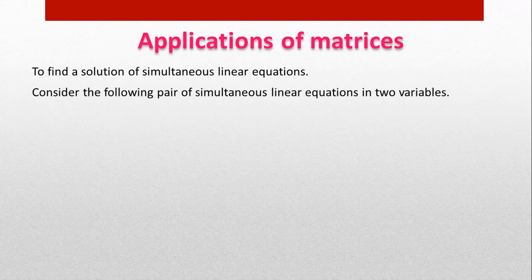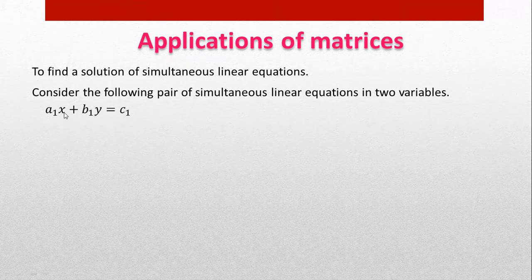Now we know that the simultaneous equation, what is the meaning of simultaneous equation? Suppose we consider the following pair of simultaneous linear equations in two variables. Suppose the first equation is a1x plus b1y is equal to c1, where a1, b1, c1 are constants, means real numbers, and x and y are two variables.